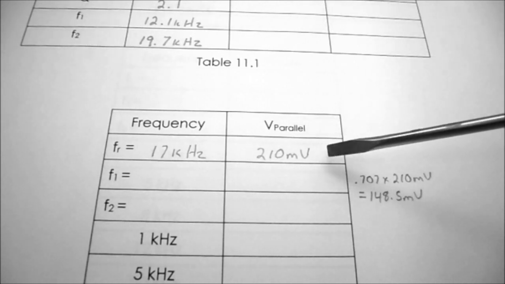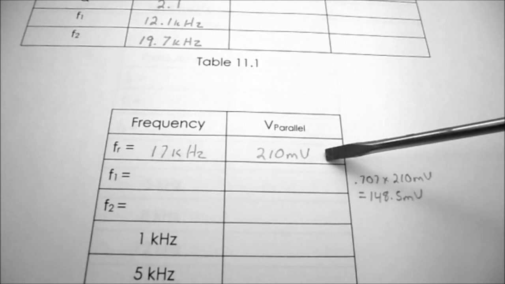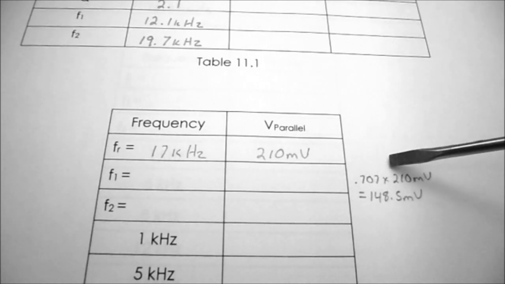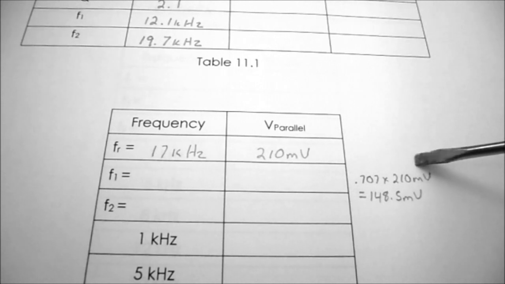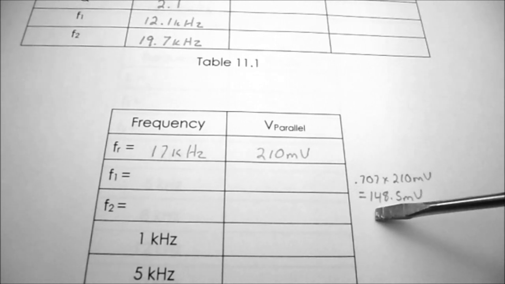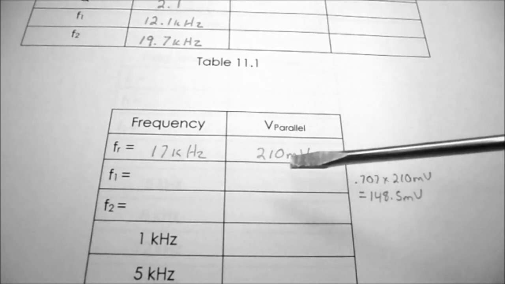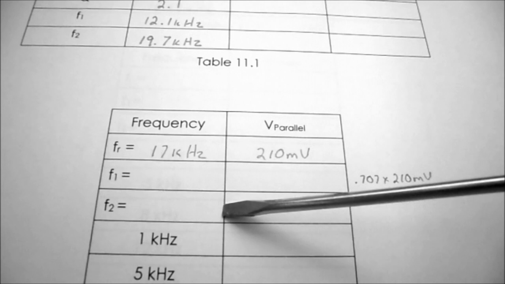Now, since my V parallel is 210 millivolts, I'm going to take 0.707 times the 210 millivolts, and in my case it works out to 148.5 millivolts. So when my channel 2 voltage reaches 148.5 millivolts, I know I've reached F1 and F2.